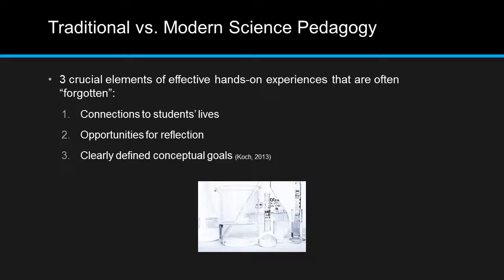For instance, three crucial elements of effective hands-on experiences have been cited as being often forgotten in the planning and implementation process. 1. Connections to students' lives. 2. Opportunities for reflection. And 3. Clearly defined conceptual goals. Let's consider each.